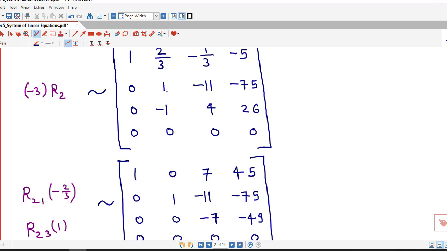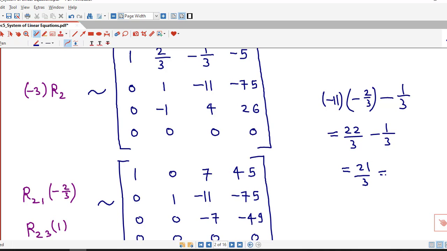So first we multiply second row by minus 2 by 3 and add in first row. So here 0 into minus 2 by 3 which is 0, plus 1. So here 1. 1 into minus 2 by 3 which is minus 2 by 3, plus 2 by 3 which is 0. Then minus 11 into minus 2 by 3, minus 1 by 3. So this is 22 by 3 minus 1 by 3, that is 21 by 3. So we obtain 7 here.